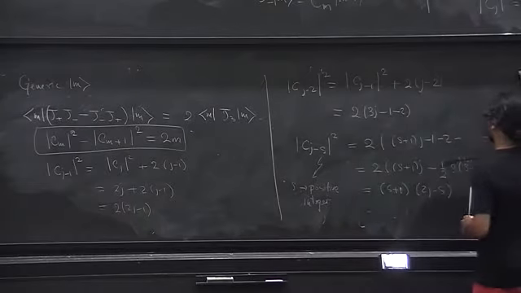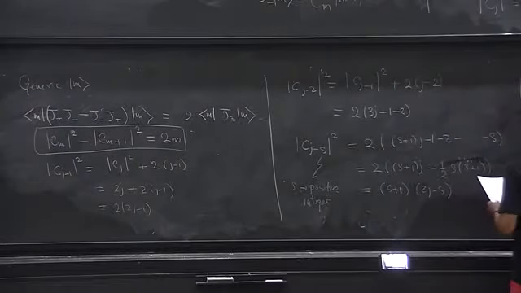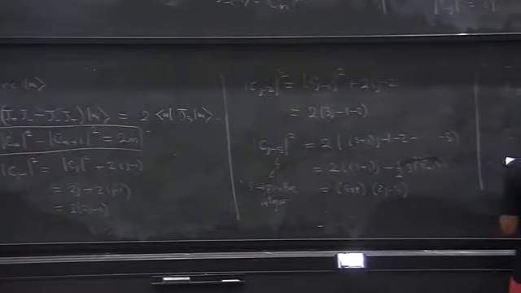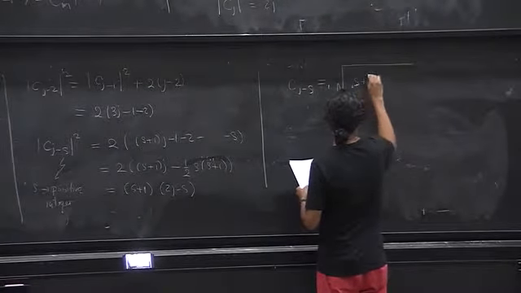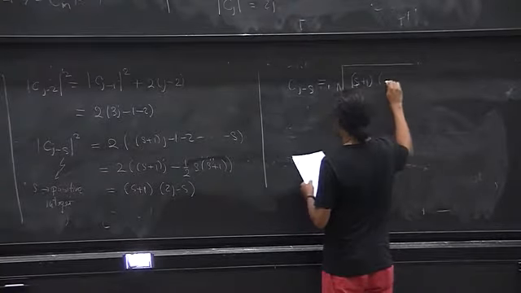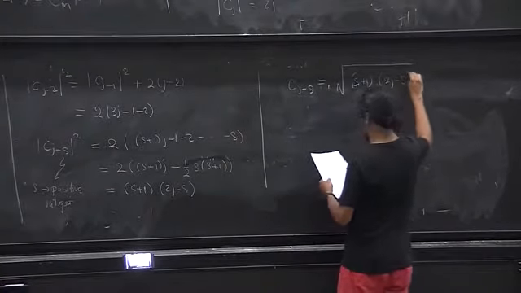So this implies that we have Cj minus s. We can choose this to be s plus 1 times 2j minus s.